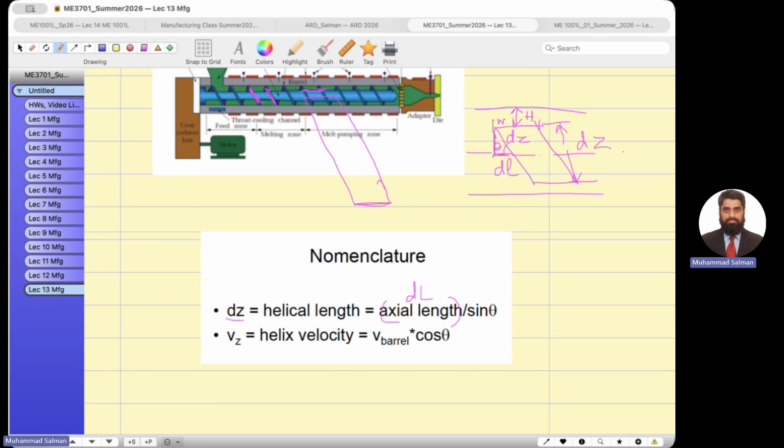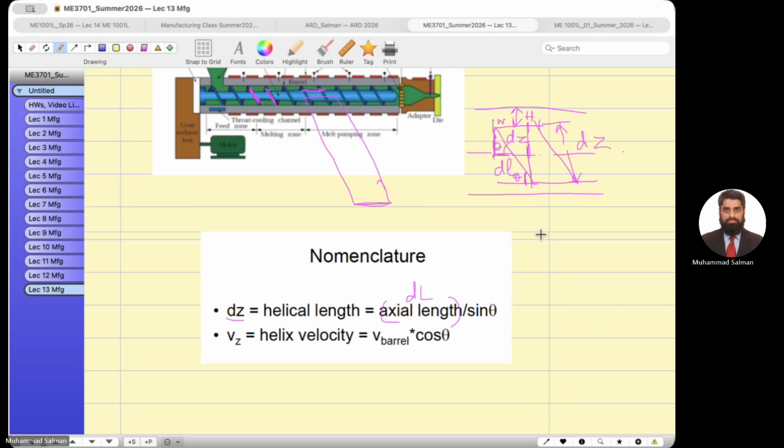If this is the angle here, suppose this is, let me redraw it here. This is the angle. Okay, let's redraw it here.